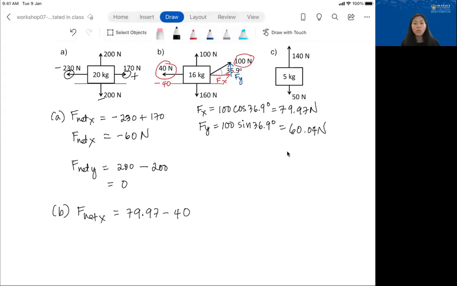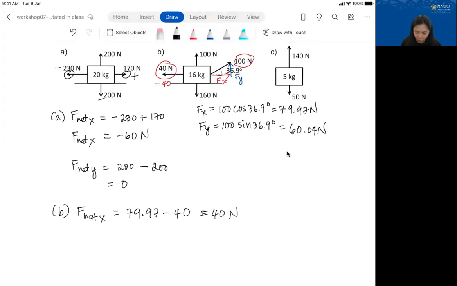And those are the only two forces along the horizontal, along the X. So this will be 39 point something, that's about 40 newtons.